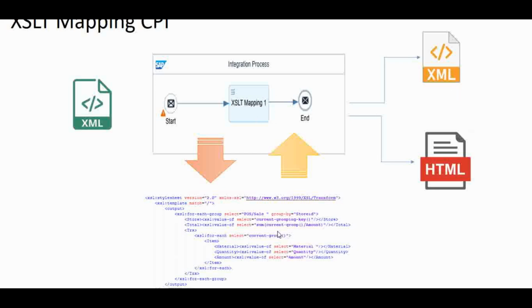So as you can see, the source is an XML and the target could be an XML of the same structure, or an XML of a different structure, or it can be a different document altogether like HTML or a text file, right? So this way the XSLT mapping in CPI provides us a facility, using the XSLT language, to transform the XML data to a target XML data of a different structure.